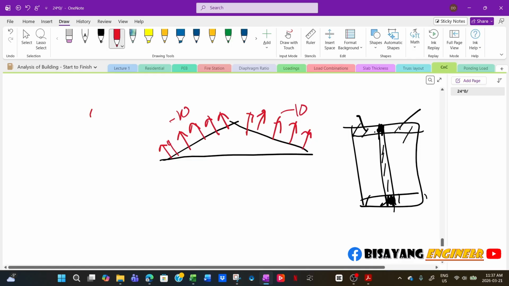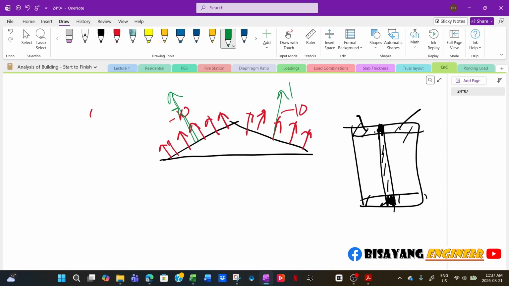Now, if you resolve this, you have your resultant in that direction. This is also your resultant R. To simplify the calculation, you get the horizontal component and the vertical component.